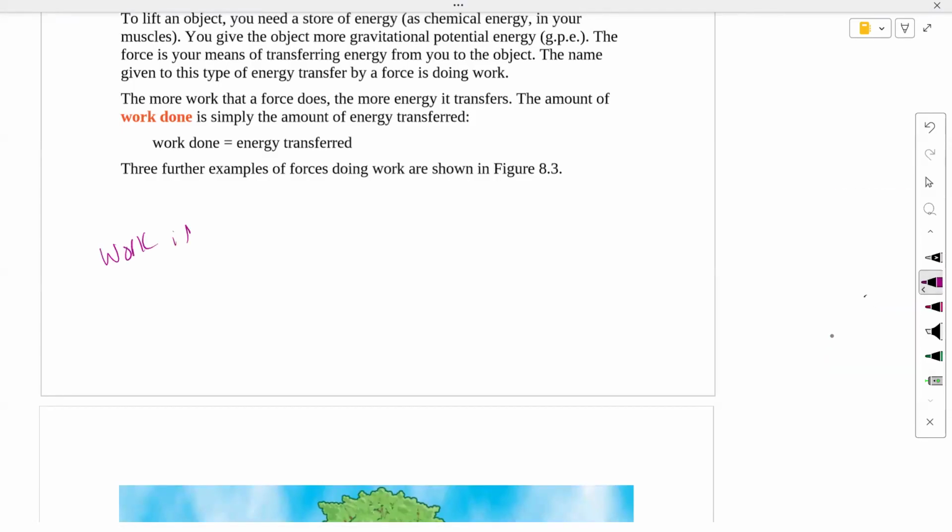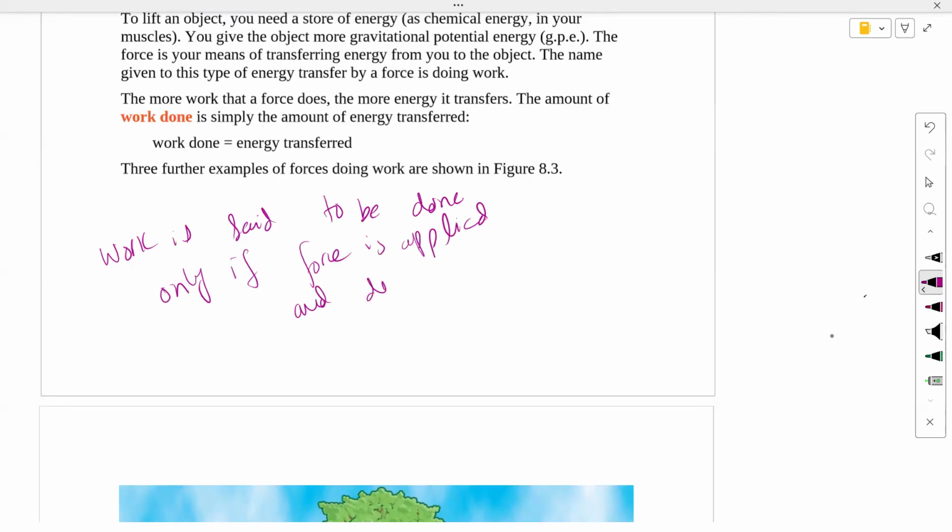Work is said to be done only if force is applied and displacement is covered in the direction of force.